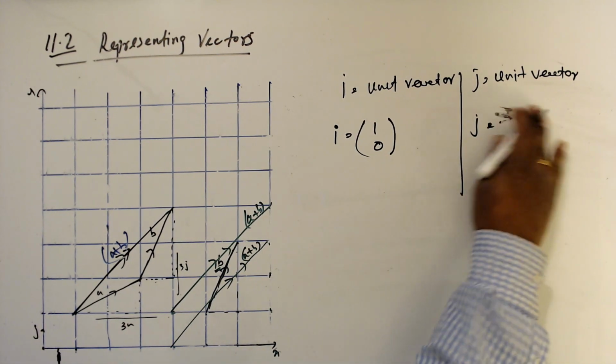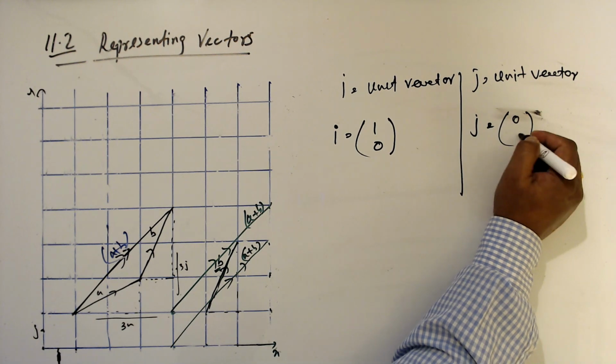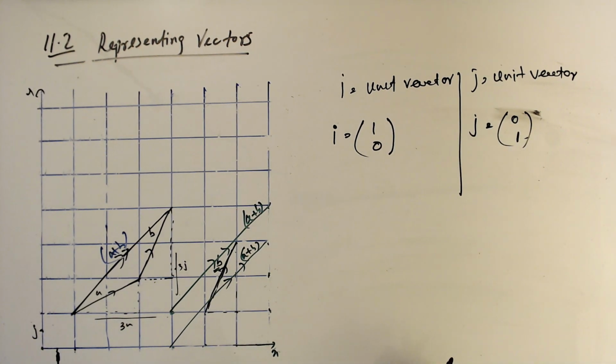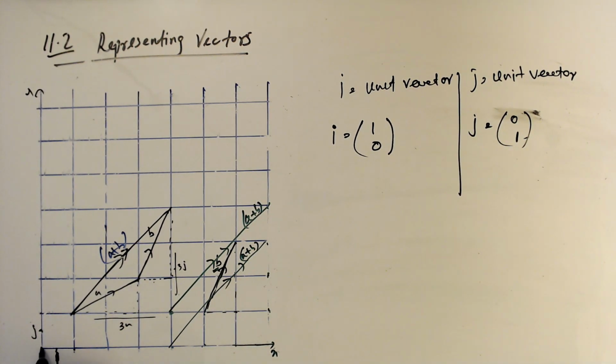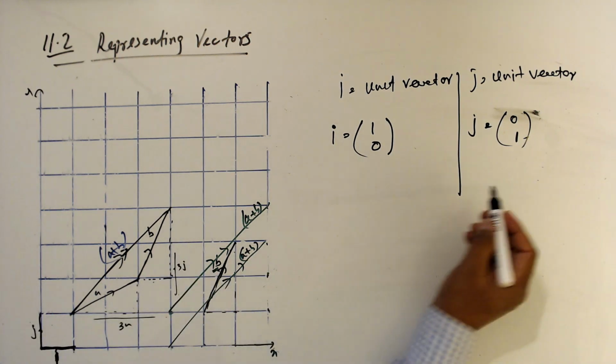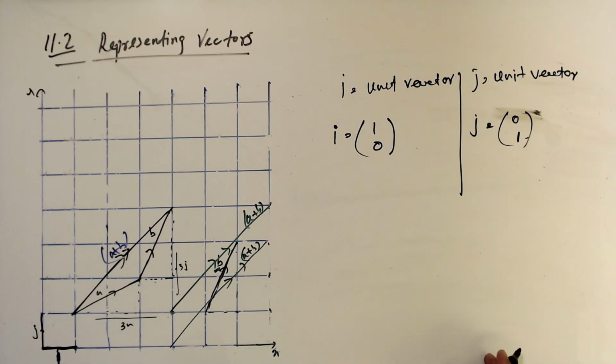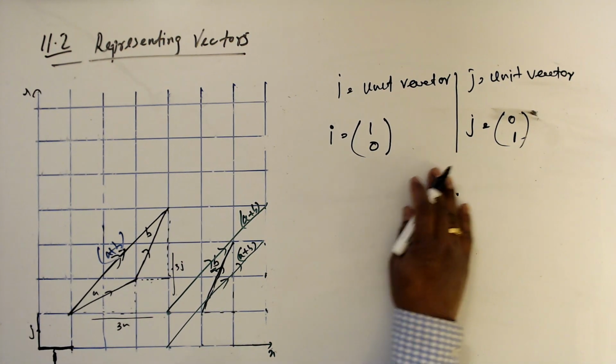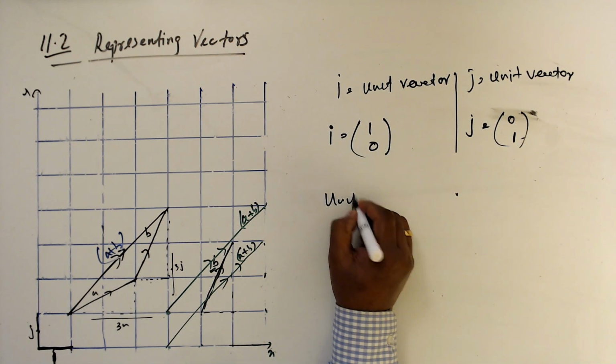In terms of columns like this, can you see that it's moving one unit in this direction and no j? We are not going up. And in terms of j, we are not going right or left. We have no i, just one unit of j. So what is a unit vector?